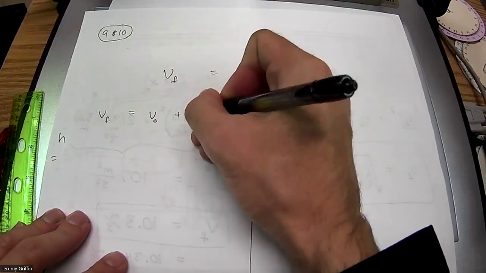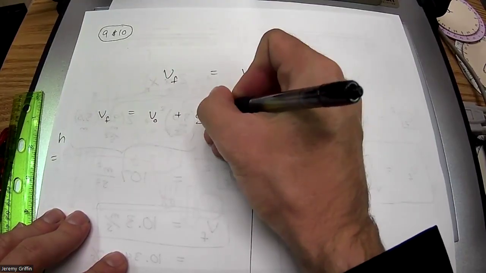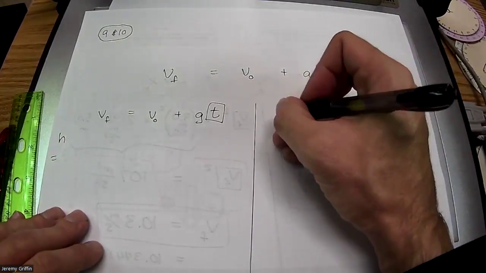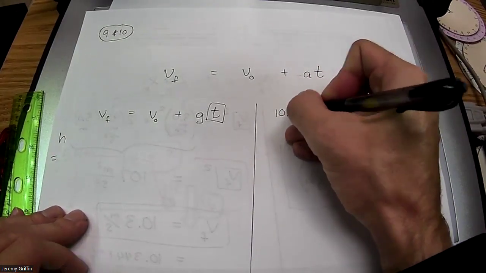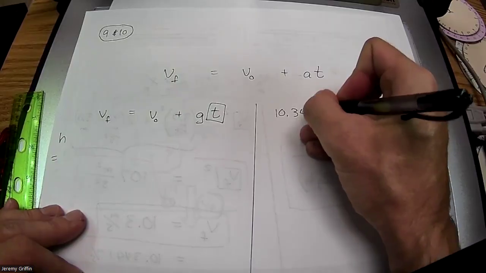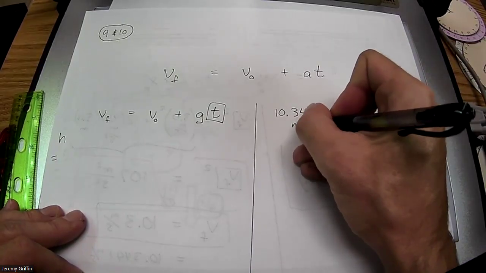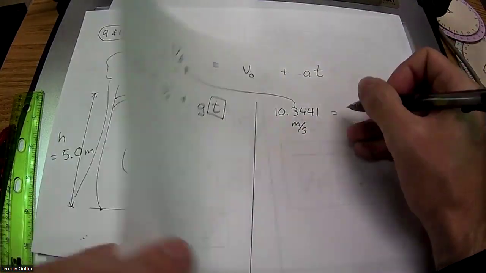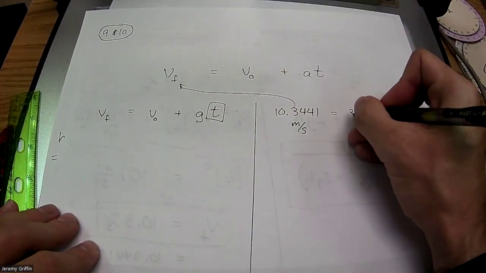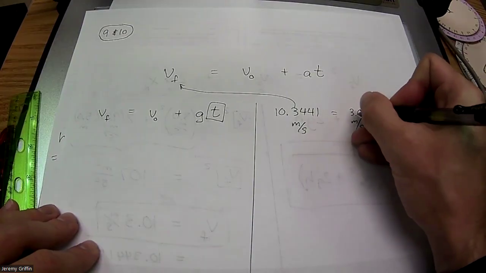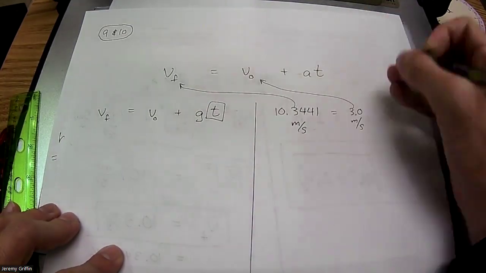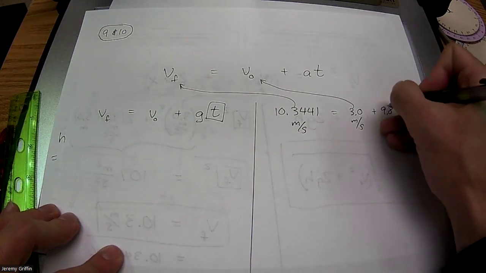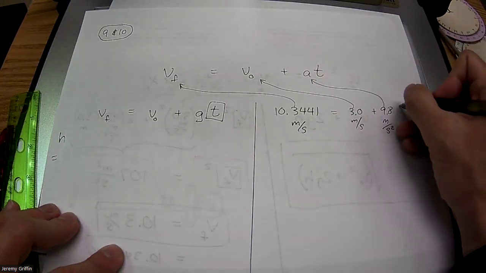I could go g, and then I'm solving for t. And over here, I know the crash velocity because I just found it. I'm going to keep a ridiculous number of digits, because that's that number right there. I know my throw speed was 3 meters per second. And then it's picking up 9.8 meters per second for some time.